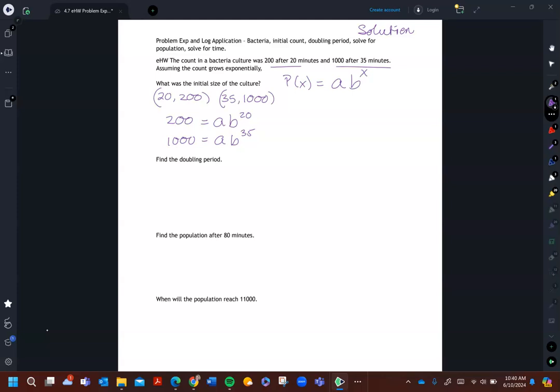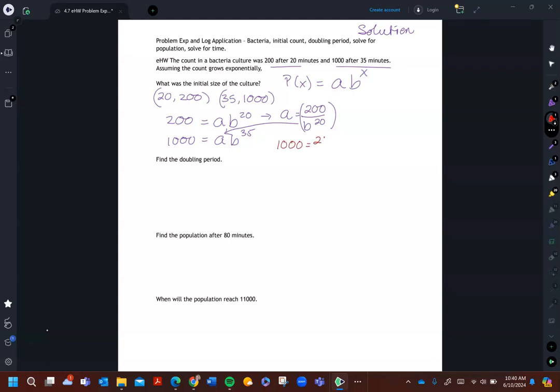There's a couple of different ways you could do this. I'm going to just solve for a in this equation. A equals 200 over b to the 20th, and then I'm going to substitute that in for a into the other equation. I'll write that in red.